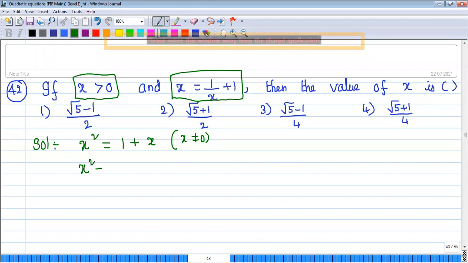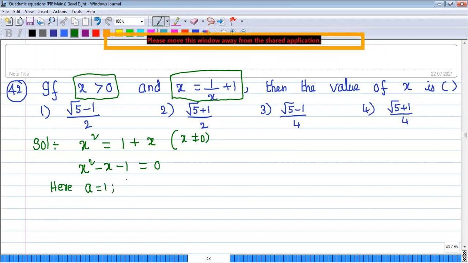So x square minus x minus 1 is equal to 0. Here, a value is 1, I'm writing directly. b value minus 1, c minus 1. Let us find out delta, that is nothing but b square minus 4ac, the discriminant. So 1 plus 4, that will be 5.